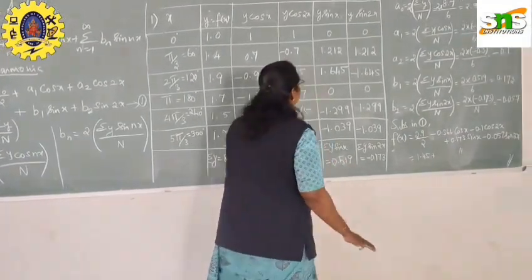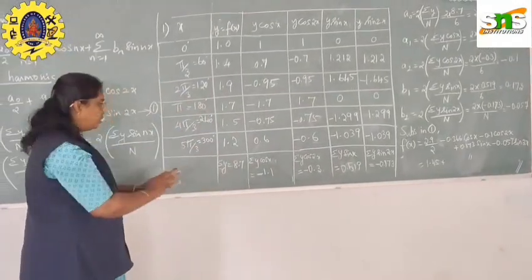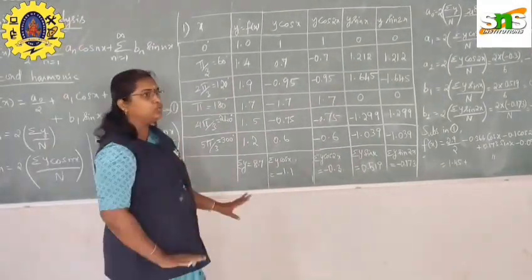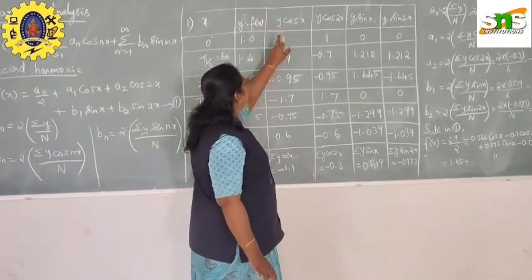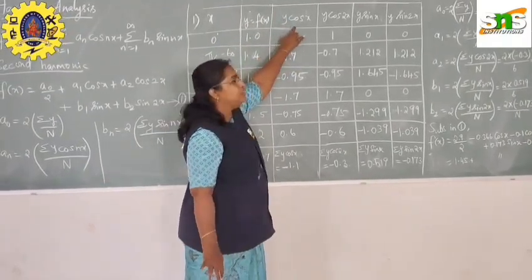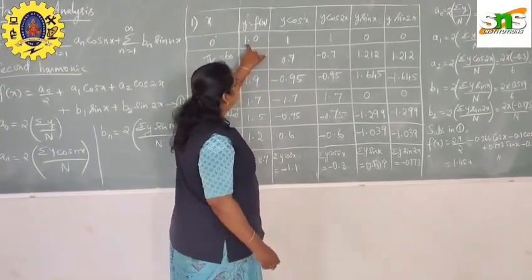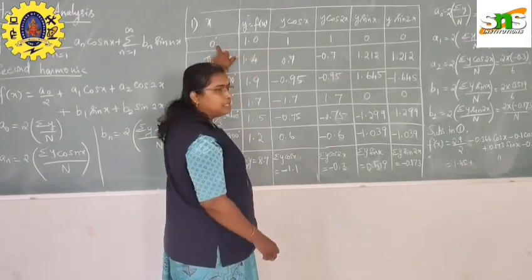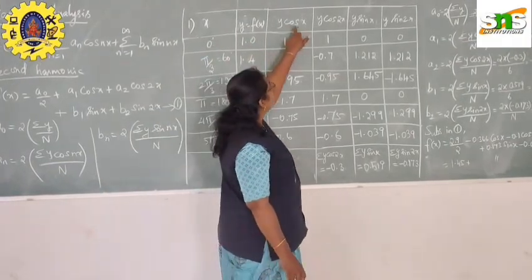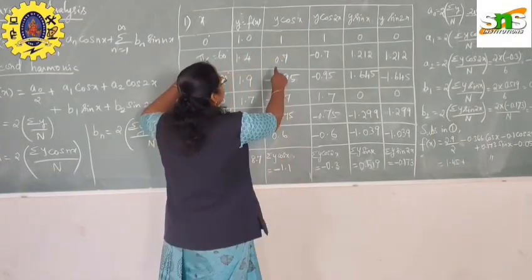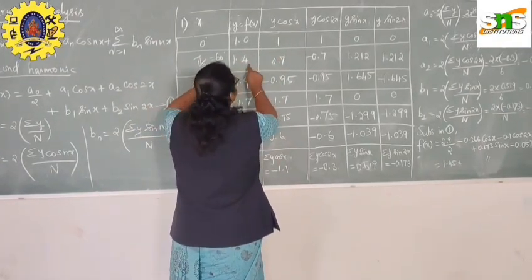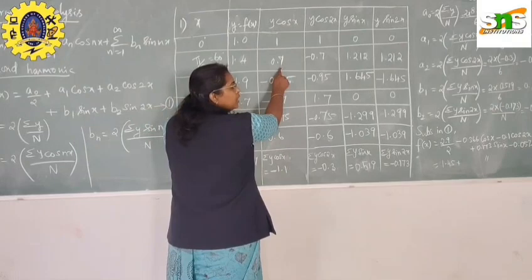So how to get the summation values? Basically we want to know what values we need to calculate. So here x, y cos x. How to get this y cos x? Simply the y value is given, and then instead of x we replace 0, giving y cos 0. That value is taken. Next, y is 1.4 into cos 60, the value is 0.7.